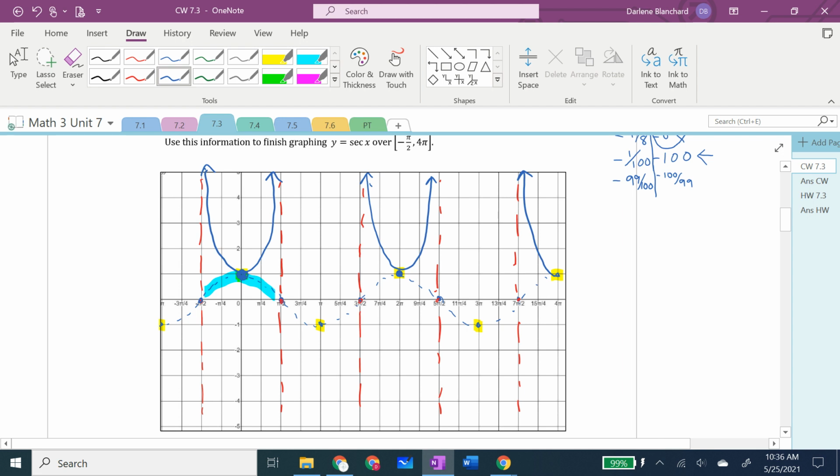Then if I look at sections where the y values of cosine are between 0 and -1, those are basically the same thing, but flipped over the x-axis.